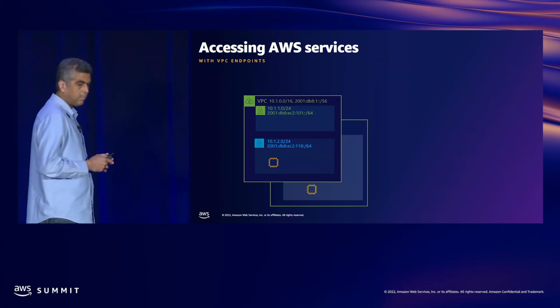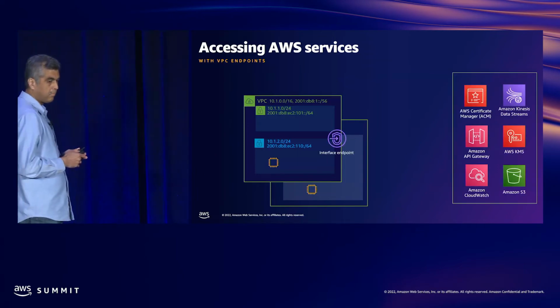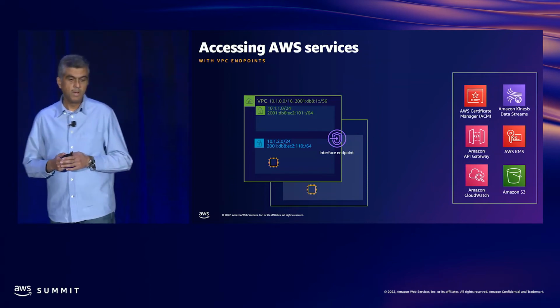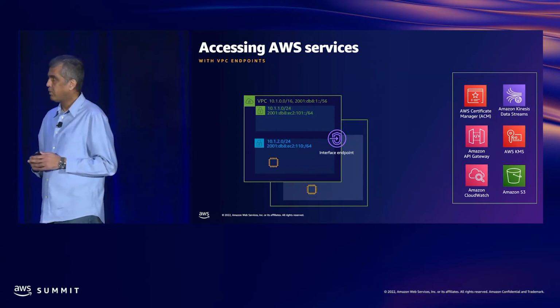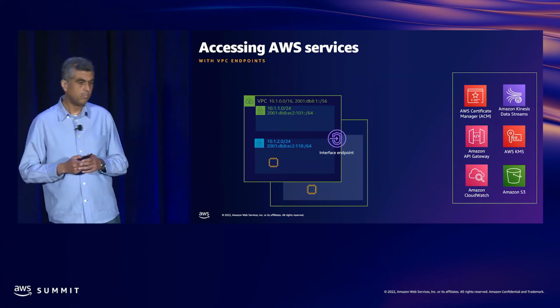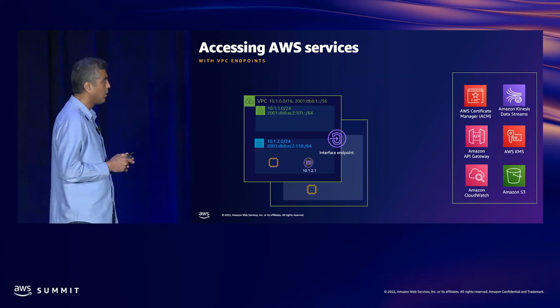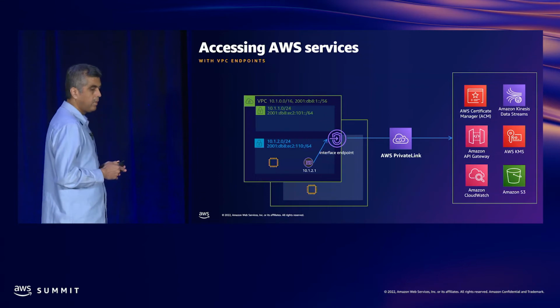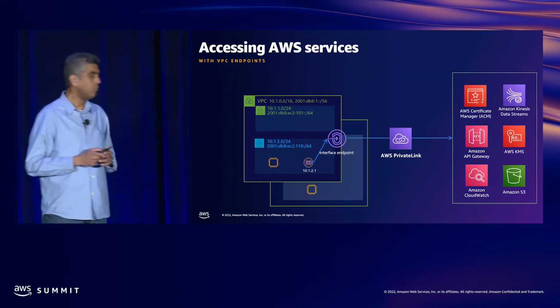For that, again in this example, we have a VPC with both a public and private subnet. We have a bunch of AWS services as an example, and you want to be able to talk to them privately. We have a service called AWS PrivateLink, which allows you to privately talk to AWS services.